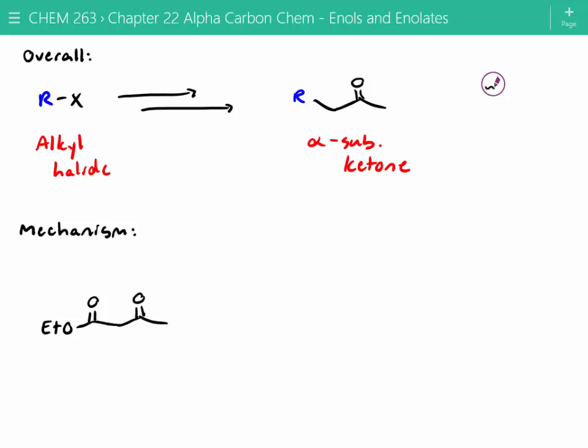And then in the first step, just like before, we're going to react this with sodium methoxide. We're going to deprotonate one of these alpha protons.